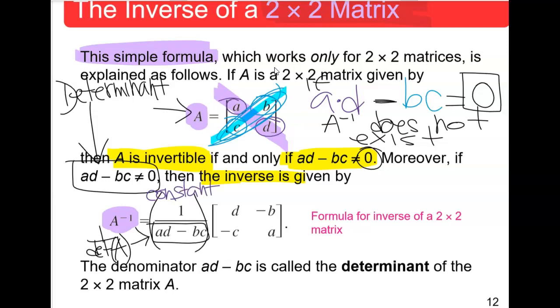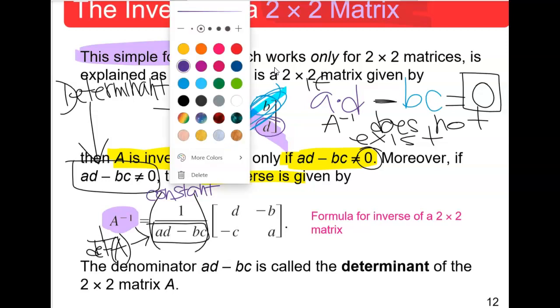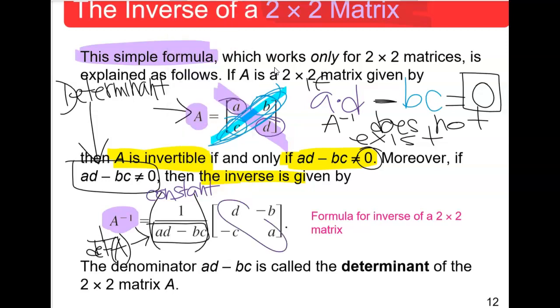We're going to multiply that constant times another matrix, and this is where the matrix will come from. We will switch the two entries from the main diagonal, so A and D switch places.